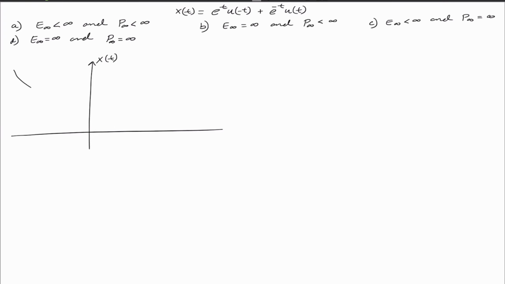We're just going to say that this is e to the t u of minus t. And for this one, both should intersect at the same place. This is e to the negative t, and this is e to the t, because this is increasing, unit step, and that is u of positive t.